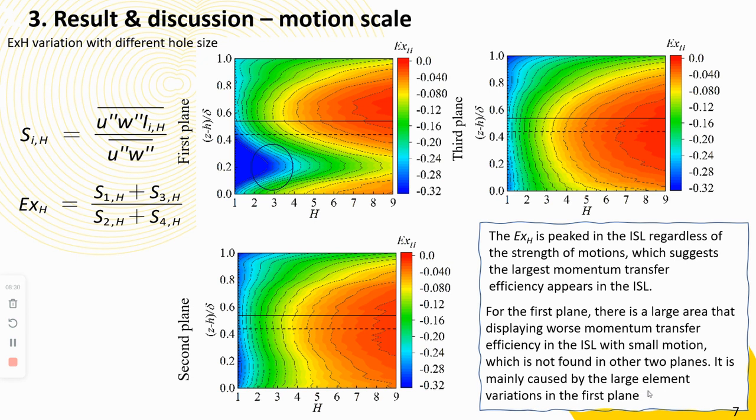And because of the high-rise building of the first plane, in this region there is a large negative region. And for the second and third plane, the conclusion is the same. The largest momentum transport efficiency appears in the inertial sublayer.